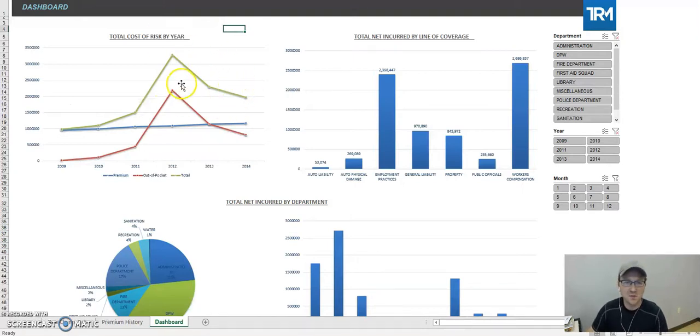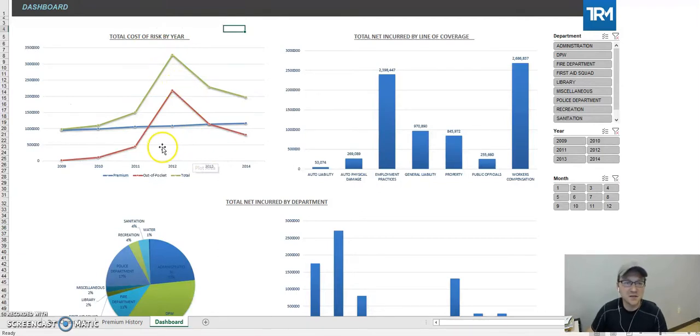For the purposes of this, we're using some dummy data from a city in the Northeast. I didn't include the budget line item for those expenses because that's going to differ based off of each individual entity. So just remember that can all be added in, as long as you're budgeting for it and tracking it.